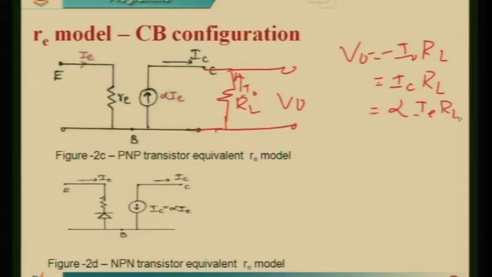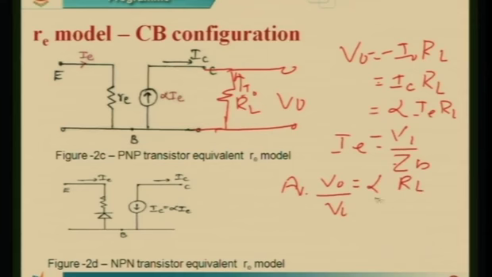IE is given by the input current, the applied voltage Vi divided by the input impedance Zi. Hence the voltage gain AV, V0 by Vi, equals alpha times RL by Zi, which is alpha times RL by the small resistance re.